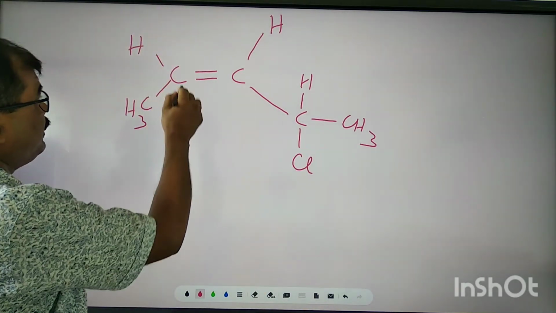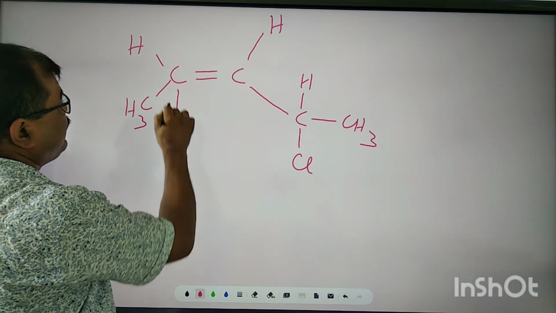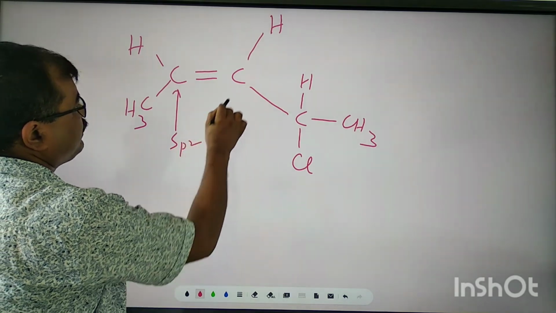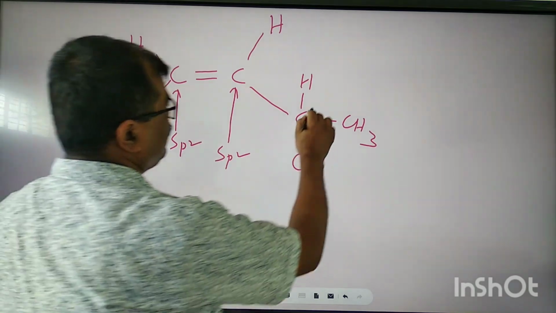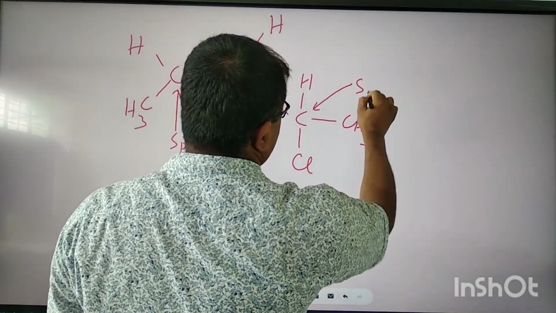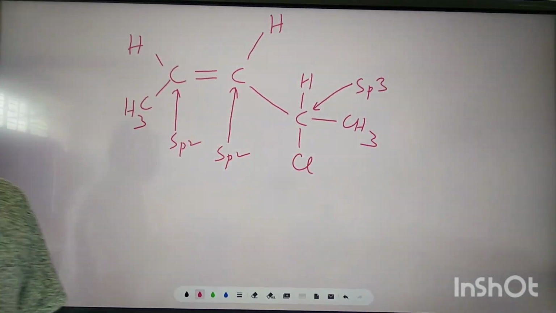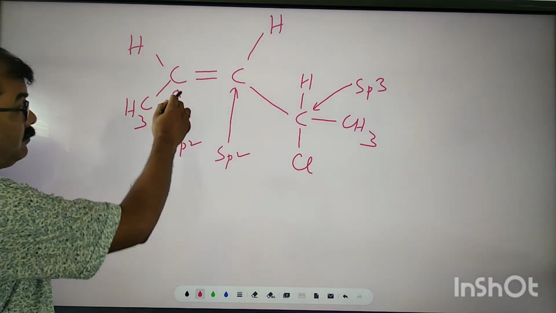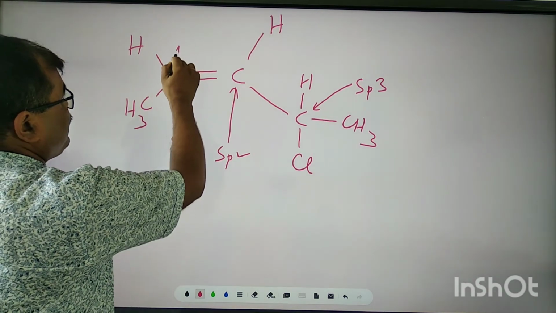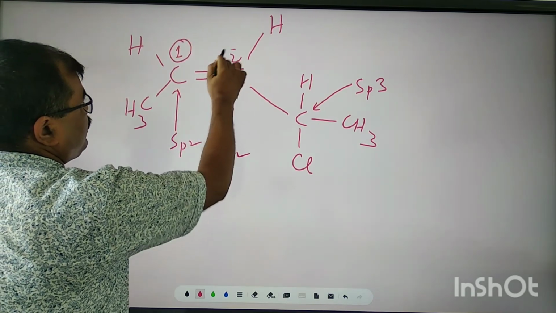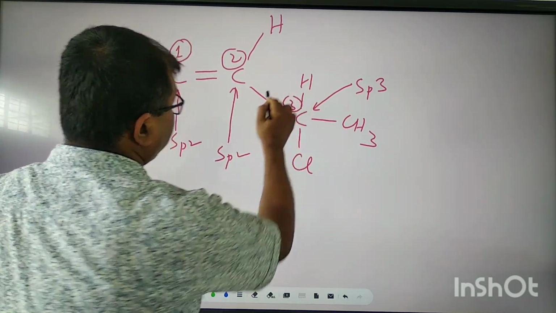See here, this is sp2 hybridized, this is sp2 hybridized, and this is sp3 hybridized. Suppose this is carbon number 1, carbon number 2, and carbon number 3.